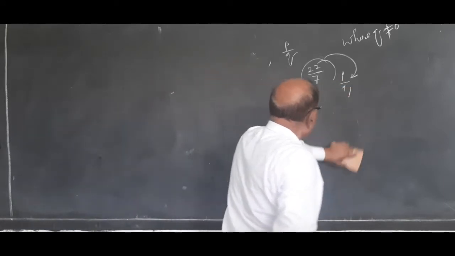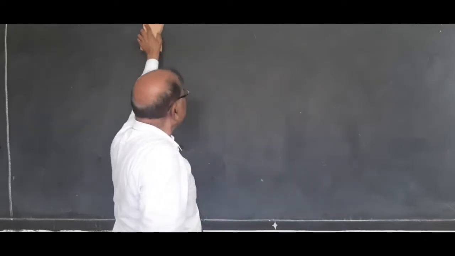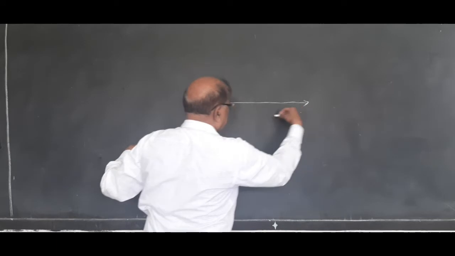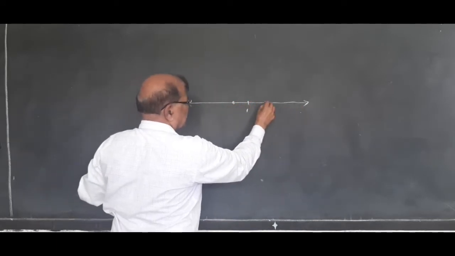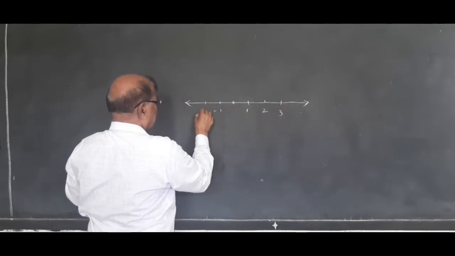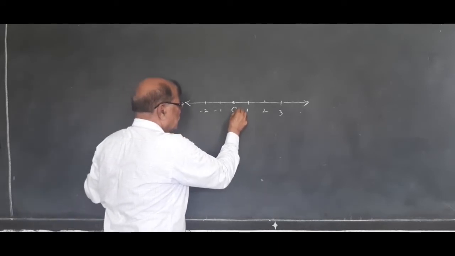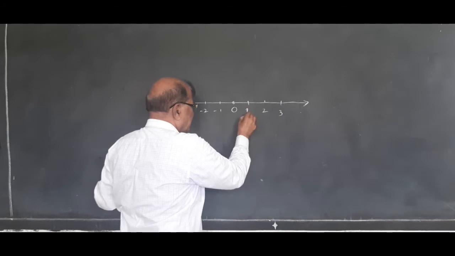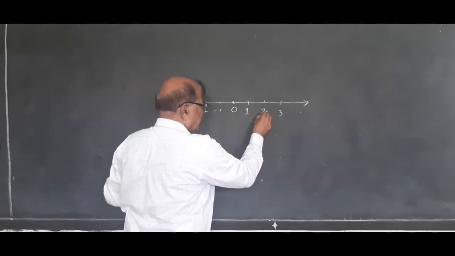A rational number is a subset of real numbers. Why? It can be represented on a number line. You take a number line. This is 0, 1, 2, 3, minus 1, minus 2. So, 1 is a real number, a natural number, it is not a rational number. 2 is also a natural number.